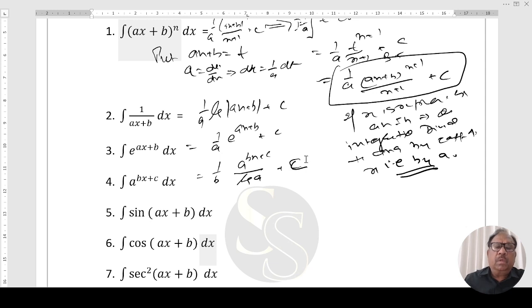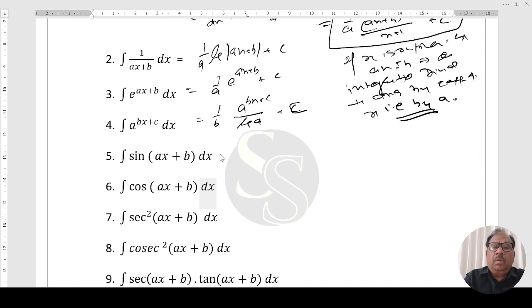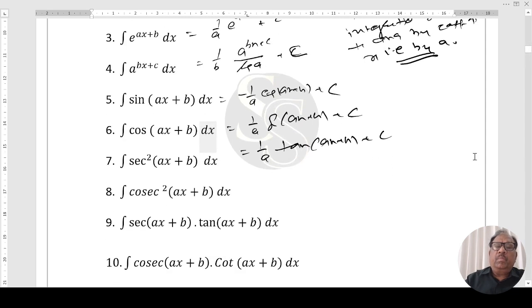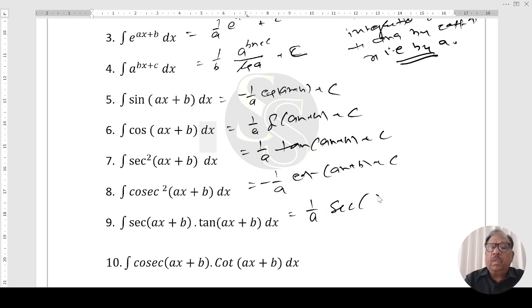Take capital C. For sine: minus 1 by a cos of ax plus b plus c; cos: 1 by a sin of ax plus b plus c; 1 by a tan of ax plus b plus c; minus 1 by a cot of ax plus b plus c; then 1 by a sec of ax plus b plus c.